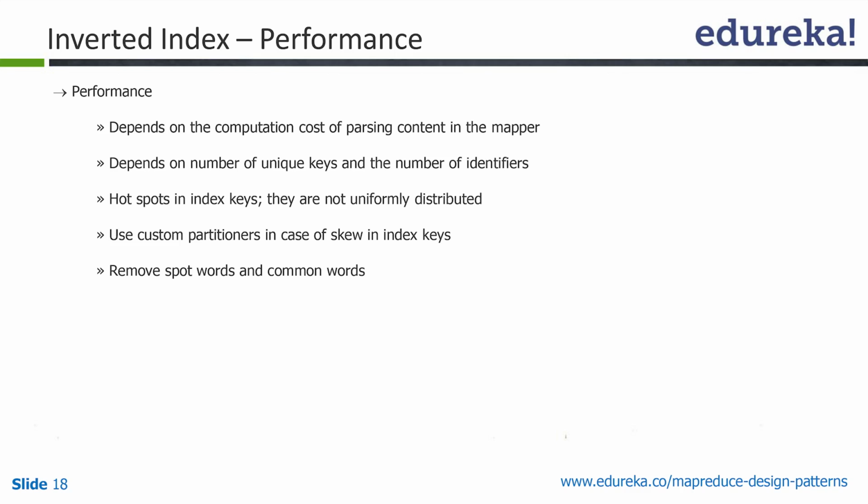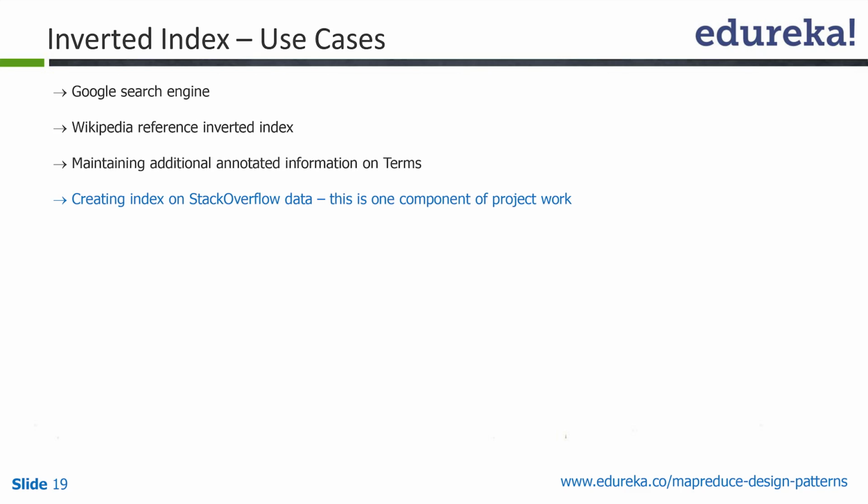The use cases, we talked about these: the Google search engine, then the Wikipedia reference inverted index. This is one of the applications done on the Stack Overflow data itself. The references you find to Wikipedia inside the posts and the comments in Stack Overflow data can be added on a Wikipedia page, which reference back into the posts or the comments where those references happen.